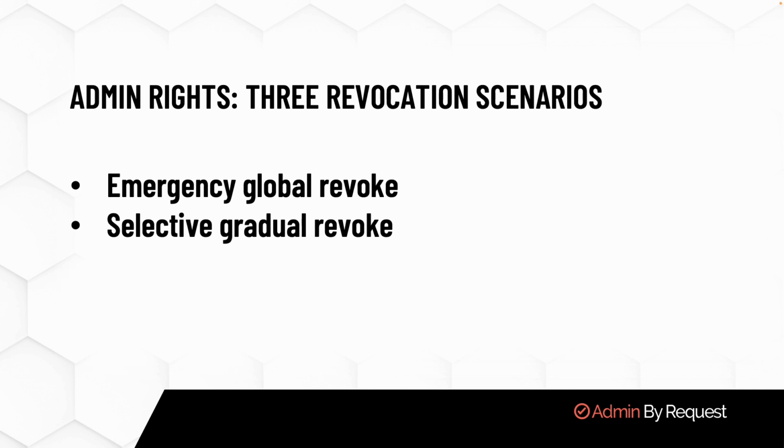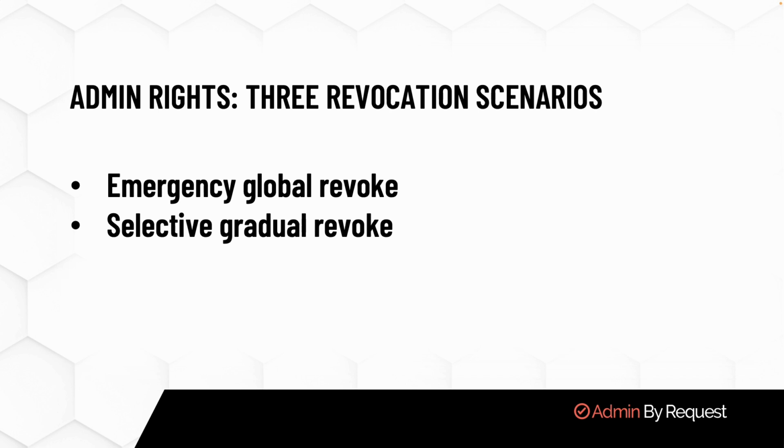So it's a very streamlined, graceful, slow revocation, as opposed to what would potentially be the big bang of the emergency global revoke. You can see very different methods for different scenarios.